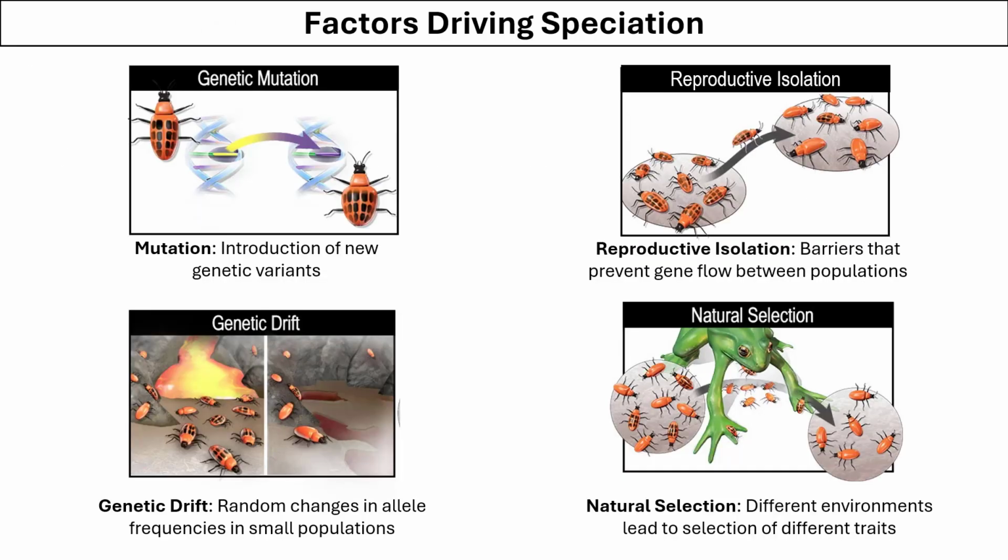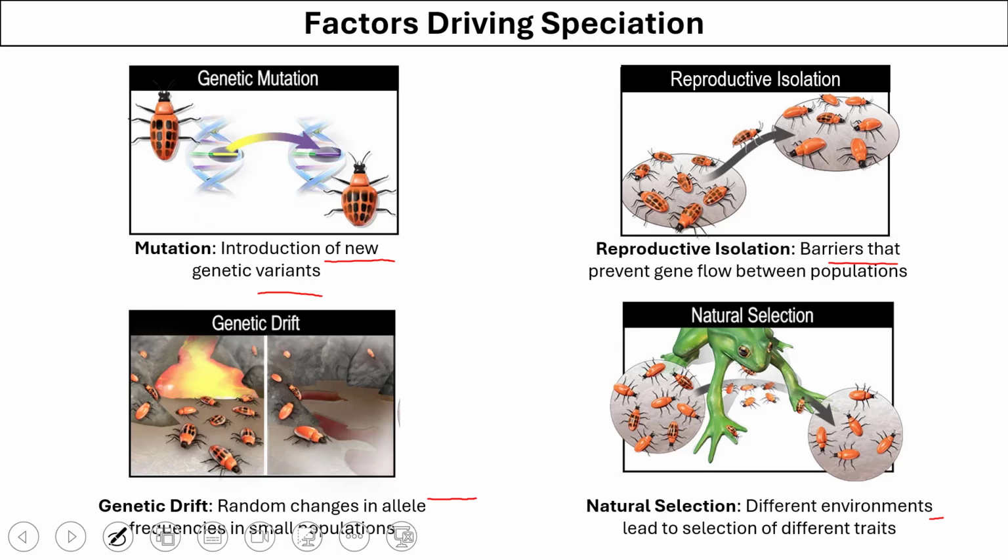So we have understood that the accumulation of changes in different organisms leads to speciation. But what could be the causes of these changes? These changes can arise from mutations, which lead to genetic variation, or genetic drift in which one allele becomes more prevalent in a population compared to the other, or reproductive barriers, the barriers that prevent gene flow between the two populations, or natural selection in which different environments lead to the selection of different kinds of organisms.